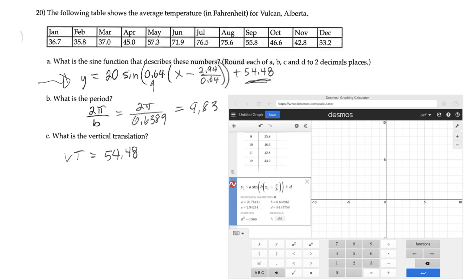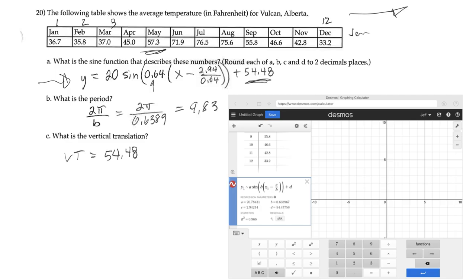But we can ask some other questions too, like in the future, what is the average temperature going to be? And I'd assume that each month is going to be similar, like next May is going to be close to this number. But let's see if using our function, we get something similar. So to figure out what next May would be, I have to figure out what number that would be. So I'm setting January at 1, 2, 3, etc. up to 12.